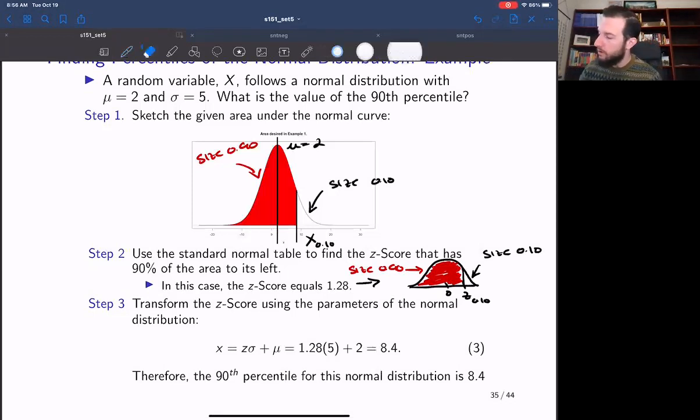So we're going to look up 0.9 in the standard normal table.